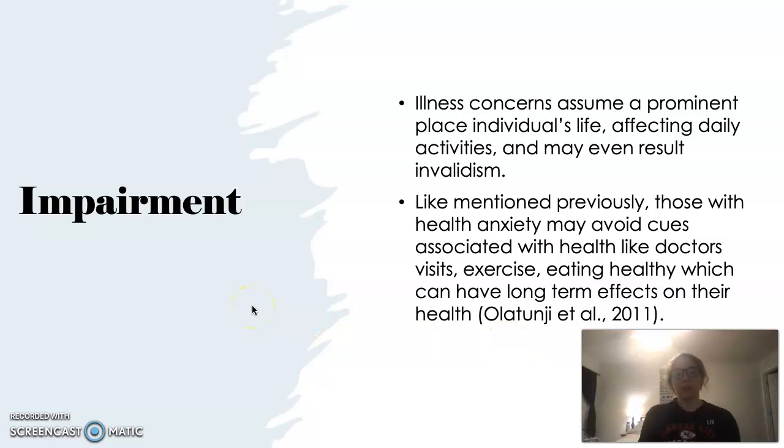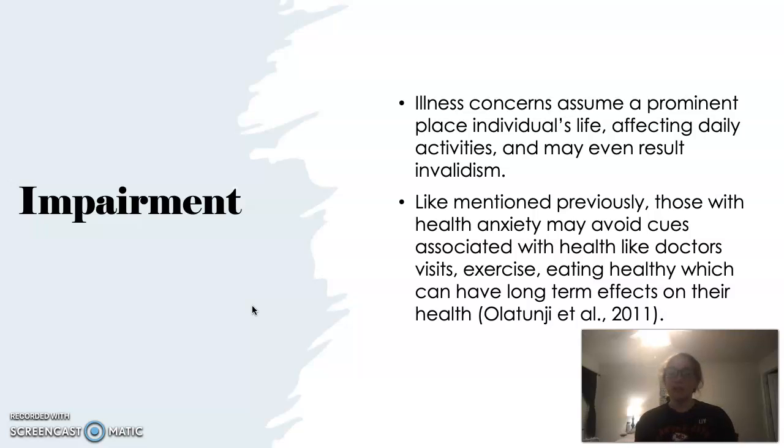Impairment. So this one has quite a bit of impairment, and the illness concerns assume a prominent place in individuals' lives, affecting daily activities, and may even result in invalidism. So, like mentioned previously, those with health anxiety may avoid cues associated with health, like doctor's visits, which we know, like physicals, are important to stay on top of blood sugar, weight, anything like that.